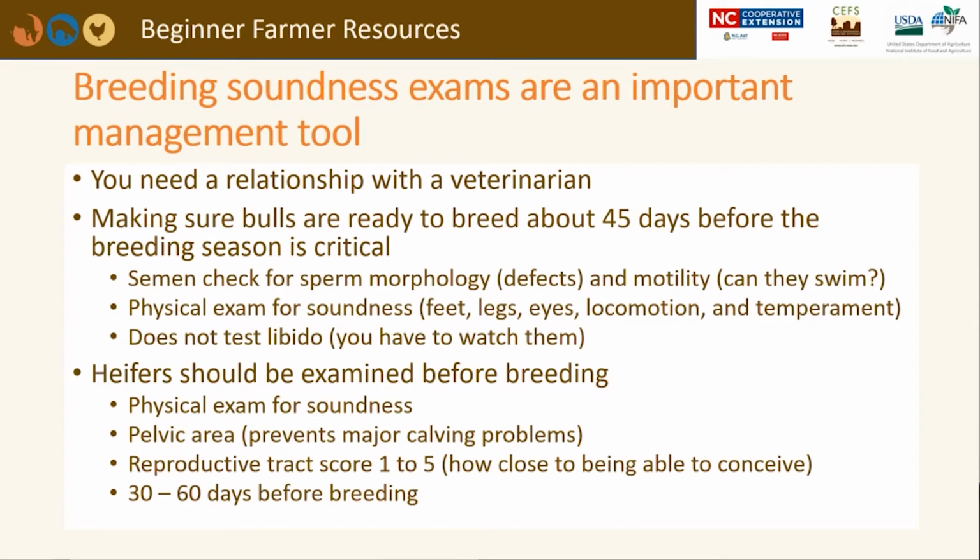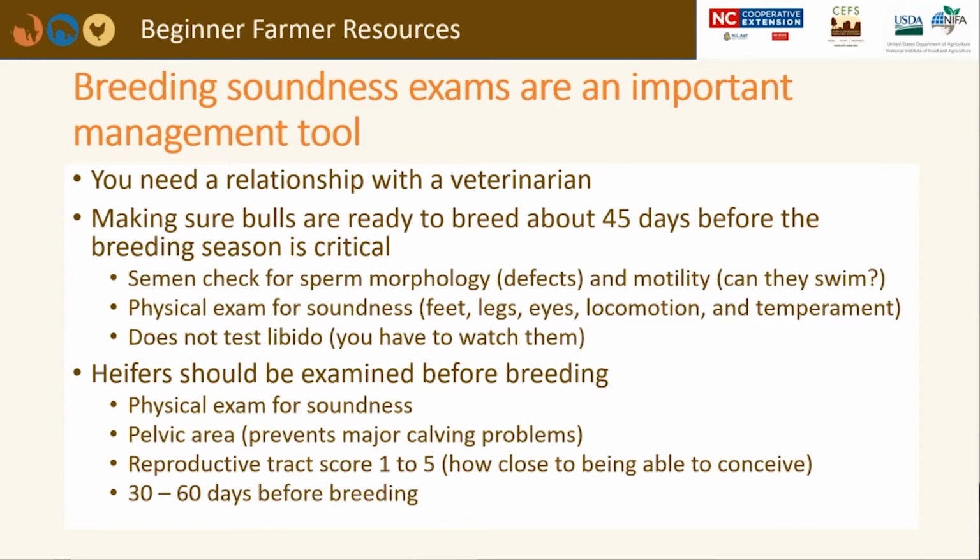Bulls can be dangerous, especially if they're a little bit mean-tempered. The one thing to note on bulls and their breeding soundness exam is that it does not test for libido. So the producer still needs to watch these cows and bulls and make sure that the bull is actually mounting and breeding cows.